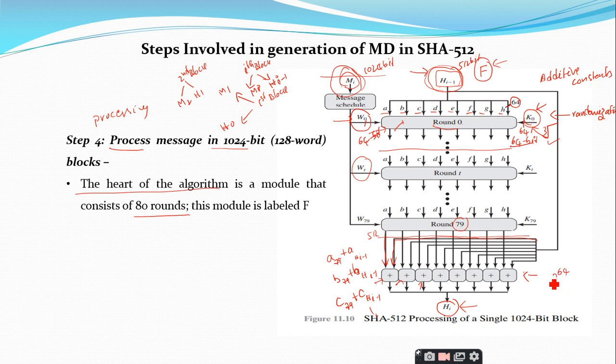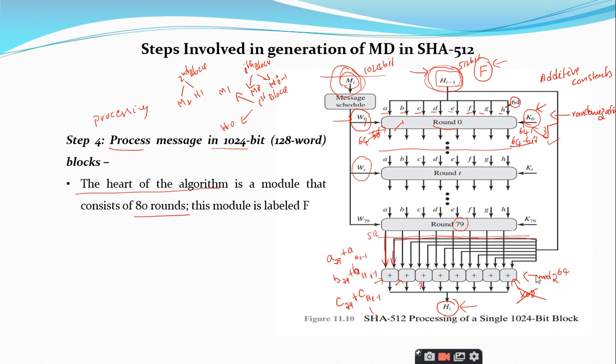This is a different thing you have to understand. So, this addition is a modulo addition, the addition modulo 2 power 64. This is not the XOR operation.